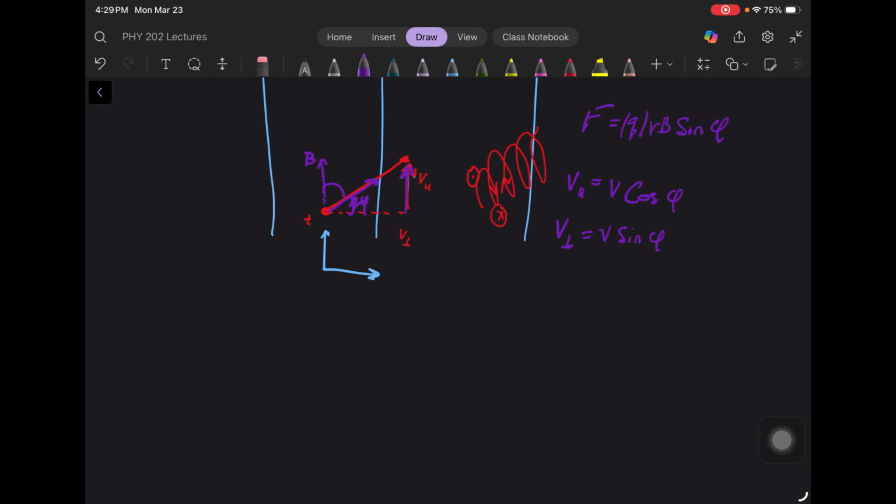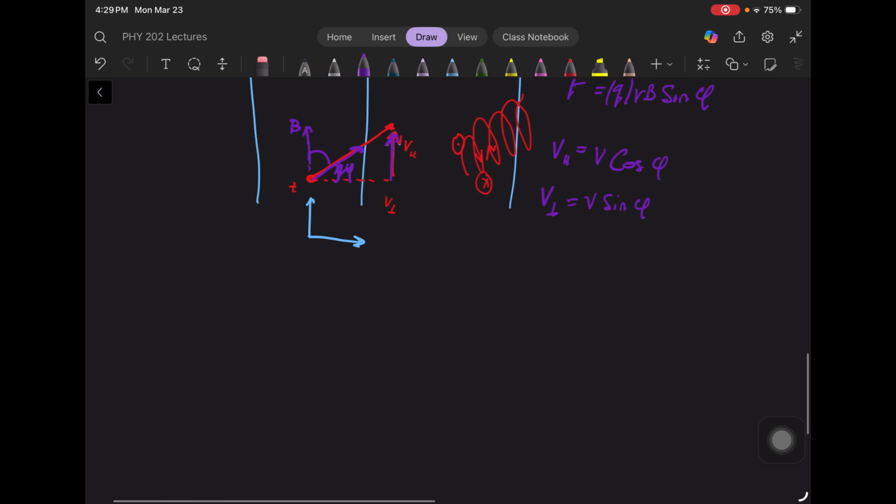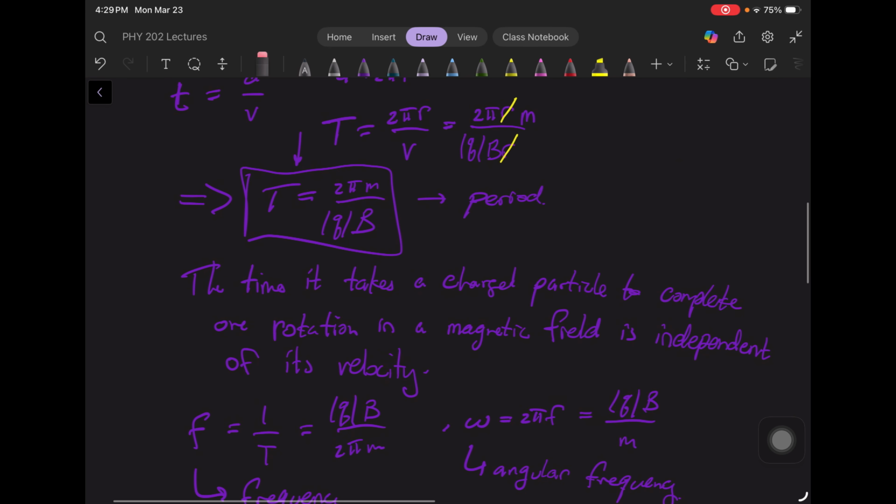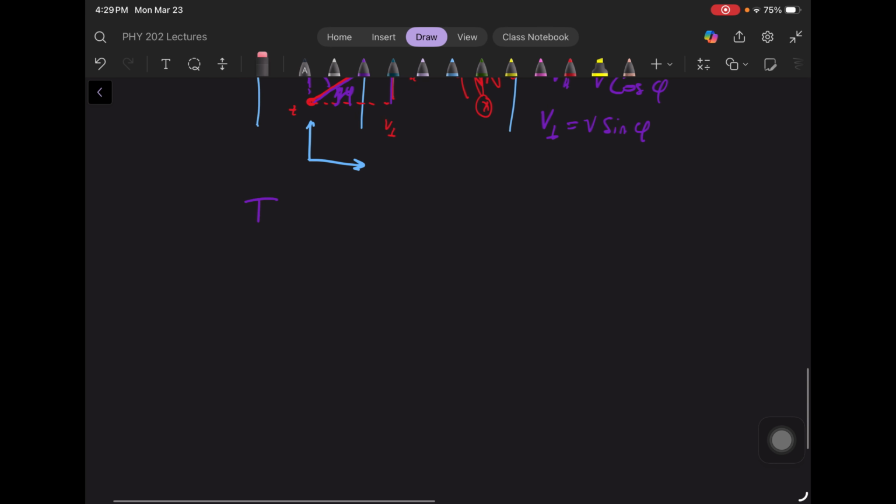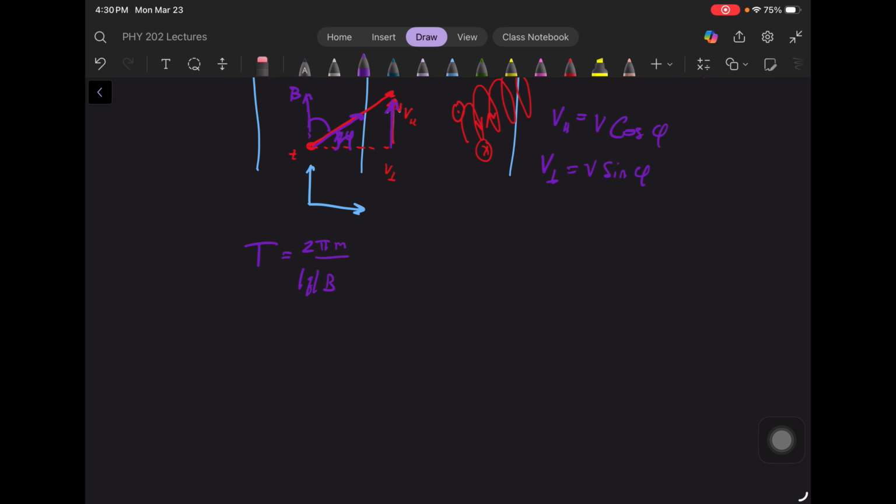And so what can we do with this? If we want to find the pitch, or the incline, we get from our charged particle going through this field, we know the period it takes to go in a full loop, and the pitch is defined to be how high you climb for a full loop. So 2 pi m over qB is the period. We were trying to find how high it climbs when it does a full loop.